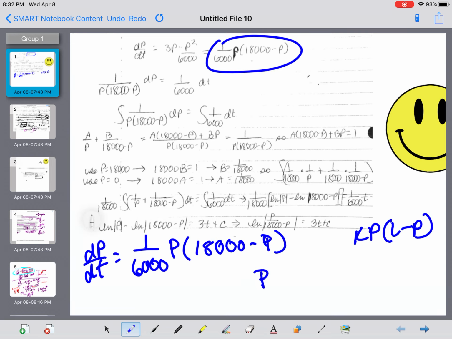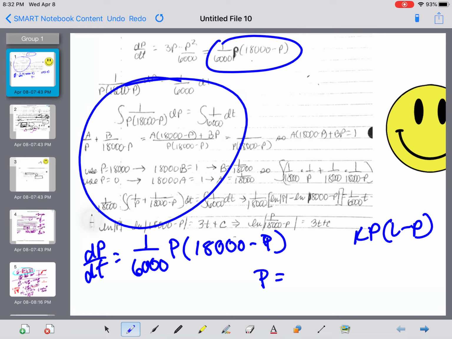The trick to find population without all of this work is that the limiting factor is going to go on the top, times e to the something. On the bottom, you're going to have another e to the something that we're going to talk about.